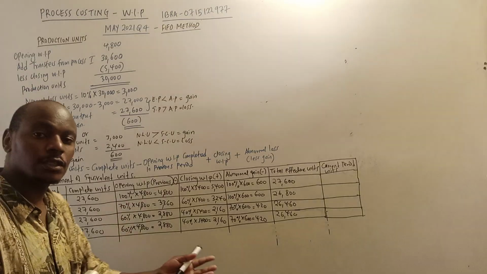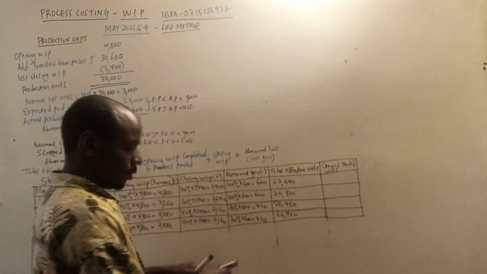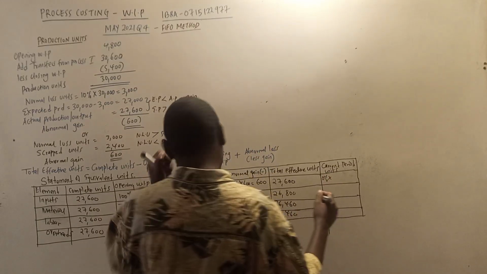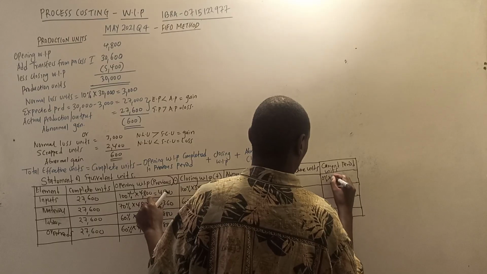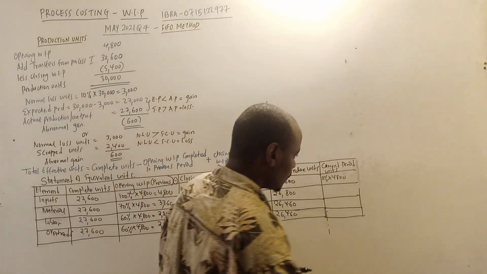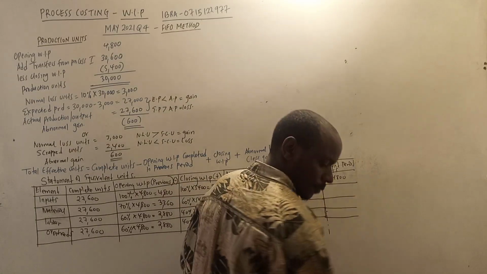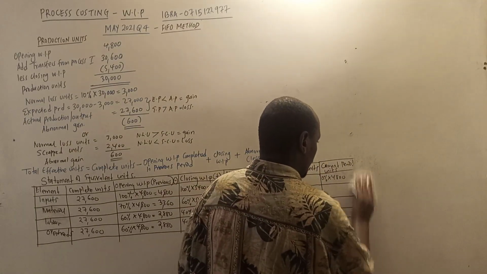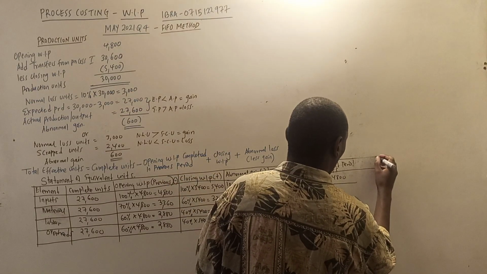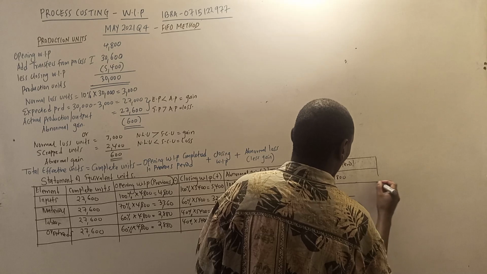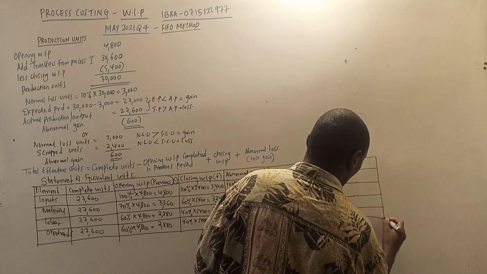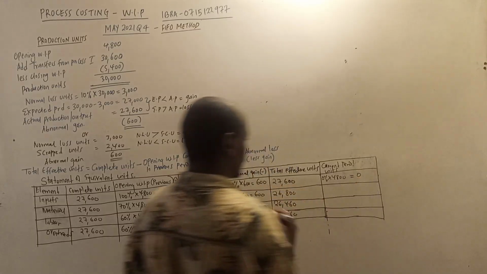If we did 100%, meaning 0 was not completed, so 0% times the amount, which is 4,800, gives 0.